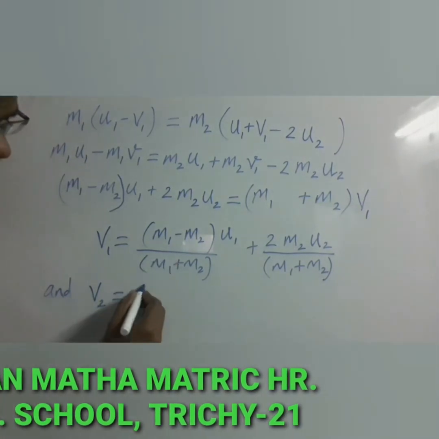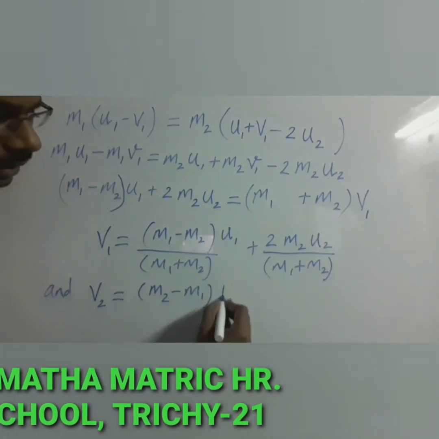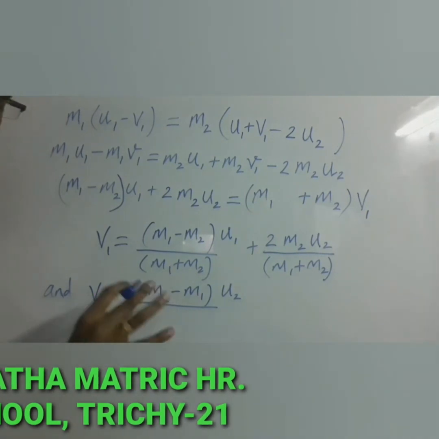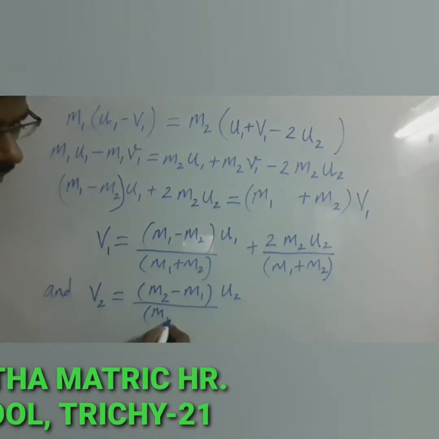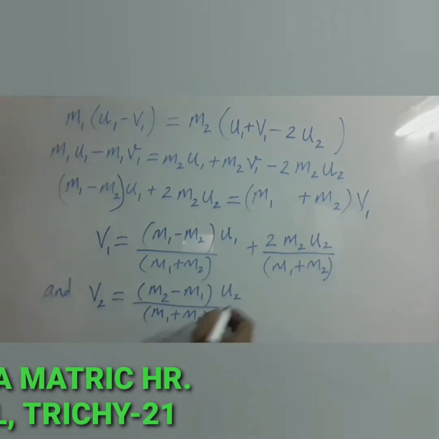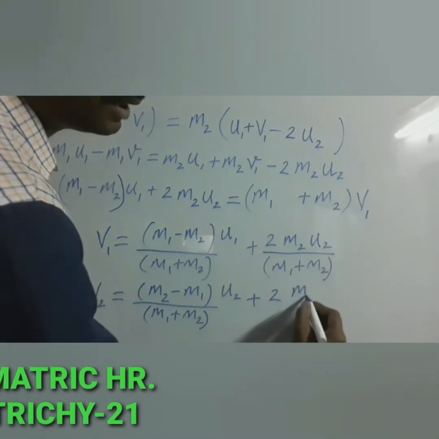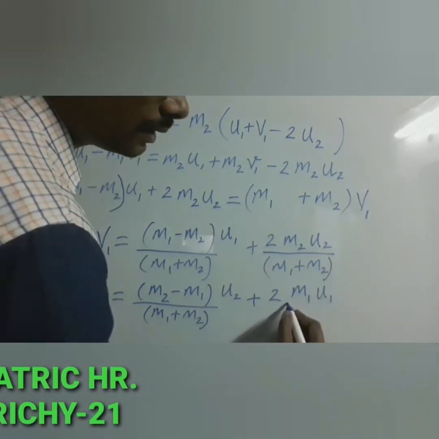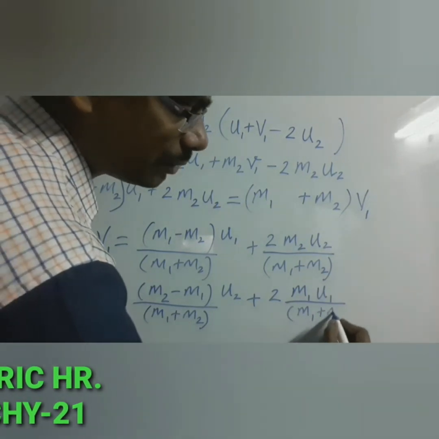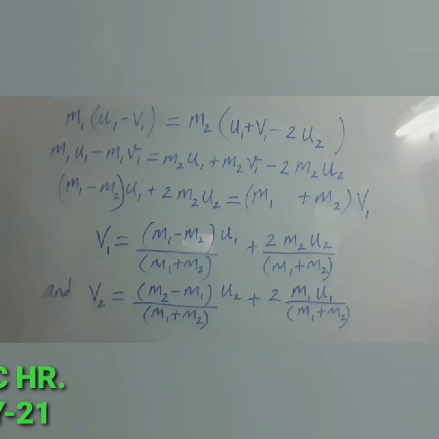Here 1 is there, so you have to write 2. So M2 minus M1 times U2 divided by M1 plus M2, both are in addition only, so no need to change the number, plus 2 M1 U1. Here you have to change to M1 U1, and once again it is addition only, so no need to change. So divided by M1 plus M2. Using this expression you can find the final velocity of the second object.